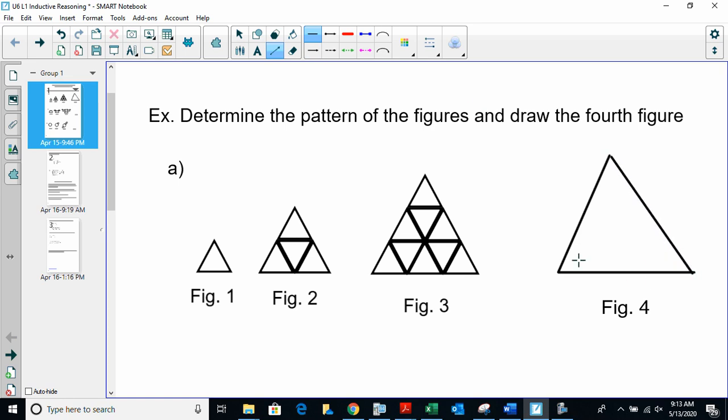And then inside of it, we will have 3 triangles at the bottom, like this.